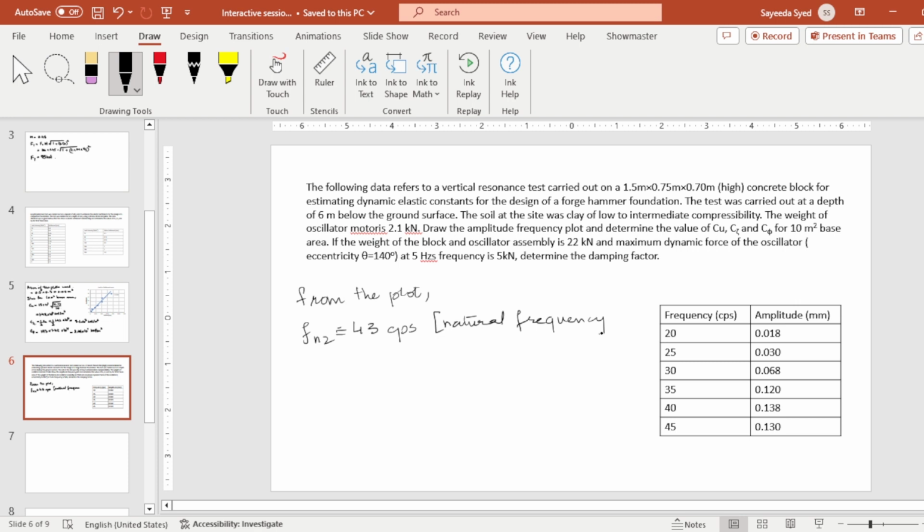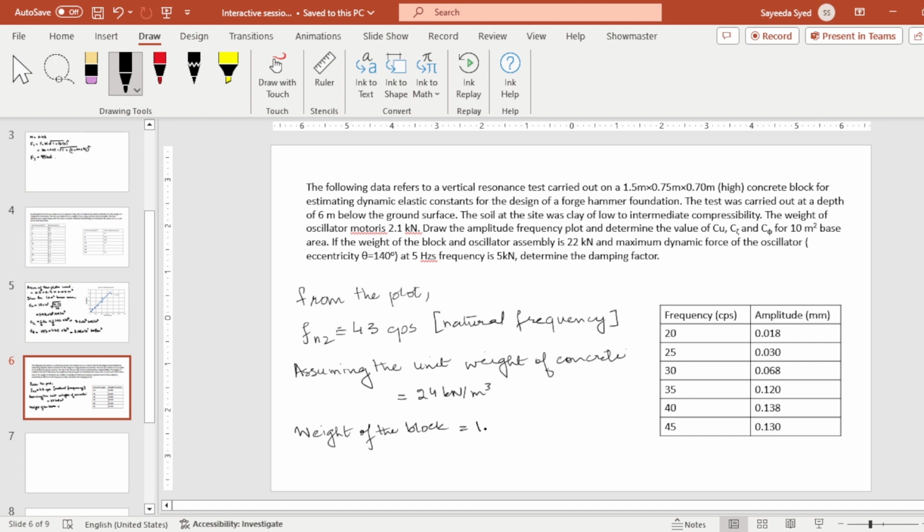Assuming the unit weight of concrete as 24 kilonewton per meter cube, the weight of the block will be 1.5 into 0.75 into 0.7 into 24.